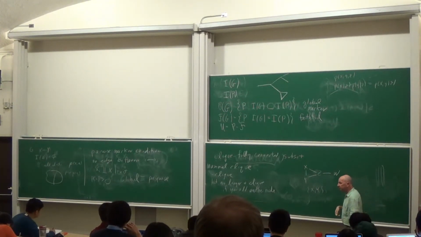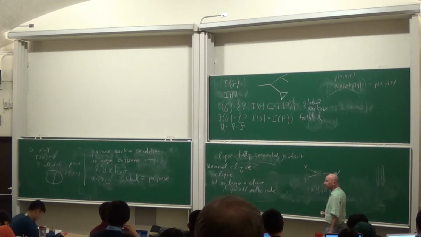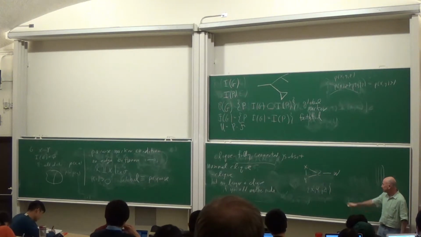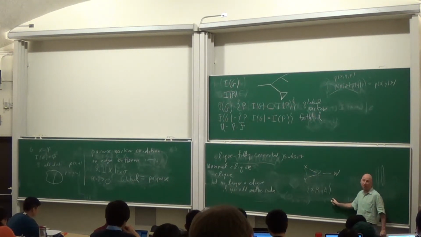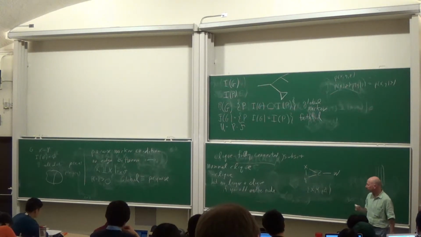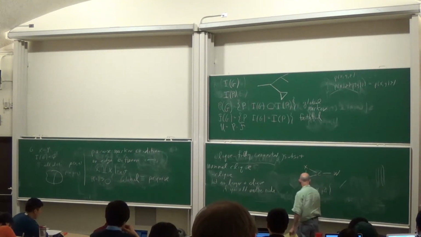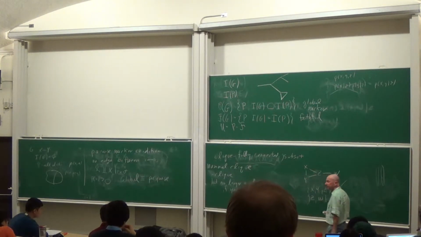Would it maintain full connectedness if I add some other node? It's not maximal, right? Because I could add in Z, and it stays fully connected. But is XYZ maximal? Yes, because if I tried to add in anything else, I would no longer have a fully connected graph. So XYZ is a maximal clique. ZW is also a maximal clique.